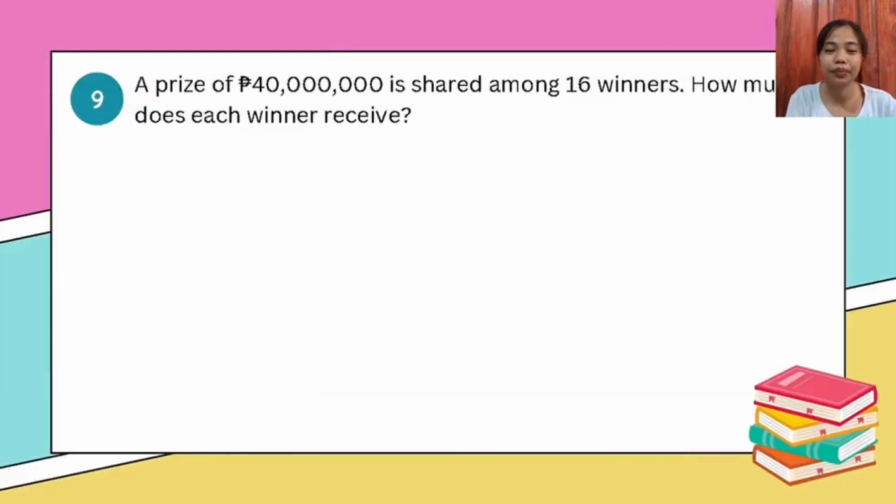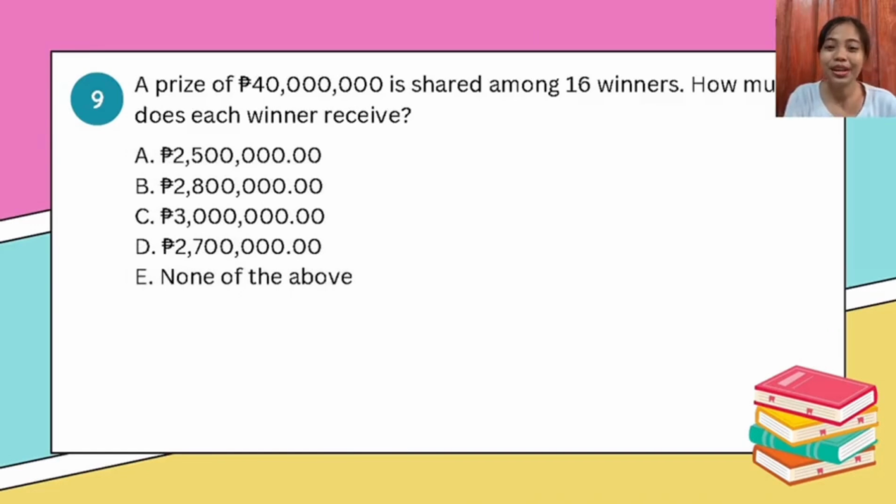Here's the question. A prize of 40 million pesos is shared among 16 winners. How much does each winner receive? 40 million pesos shared among 16 winners. How much does each winner receive? So here are the choices.